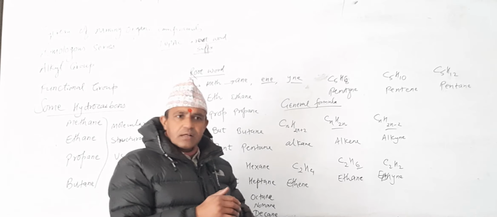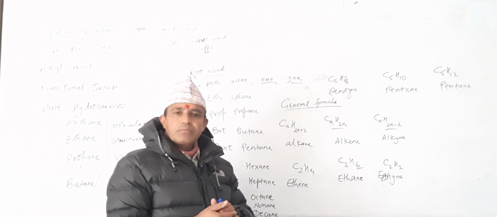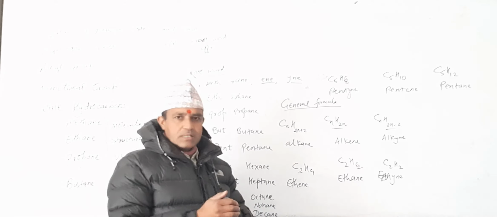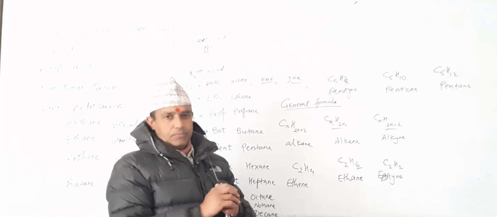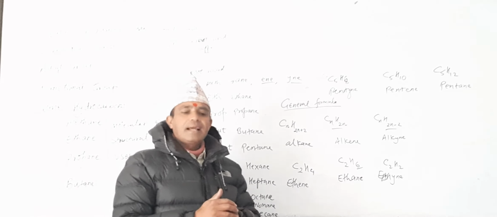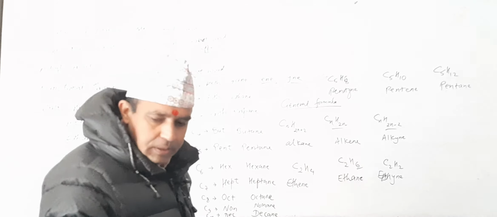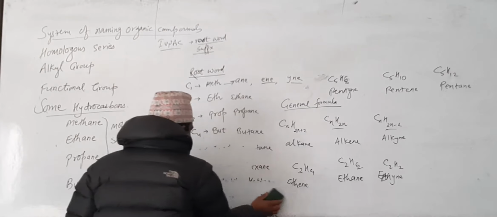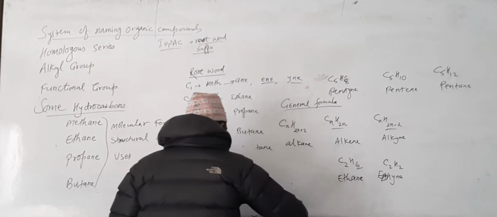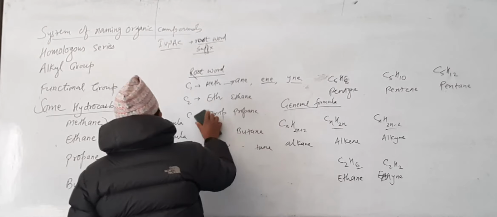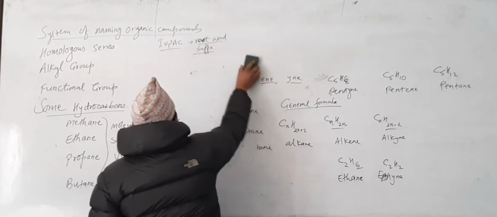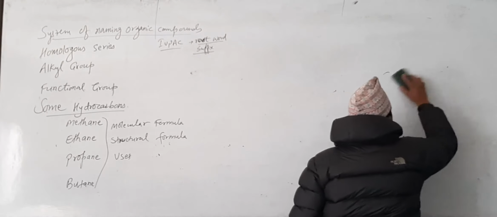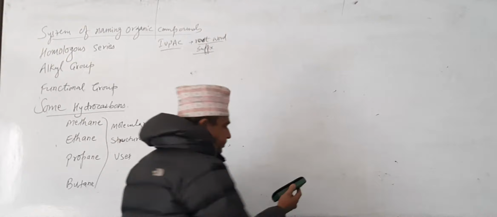If the number of hydrogens is 2 more than double the number of carbon, alkane. If the number of hydrogens is 2 less than double the carbon, that is alkyne. This system is propounded by IUPAC, International Union of Pure and Applied Chemistry.